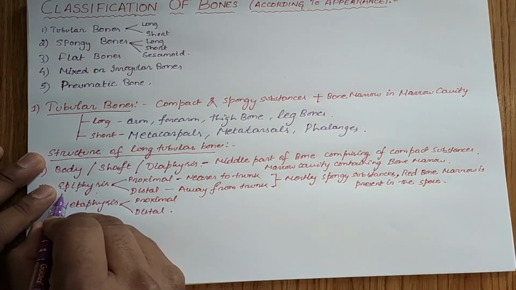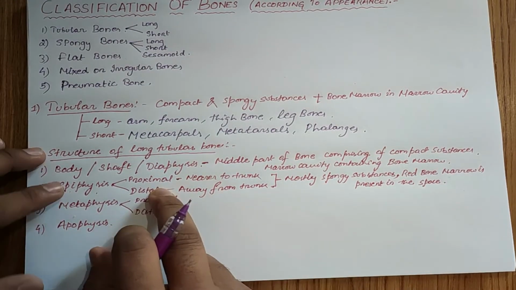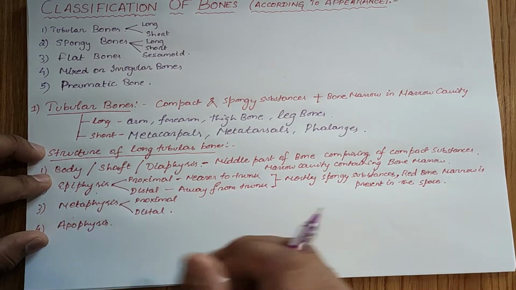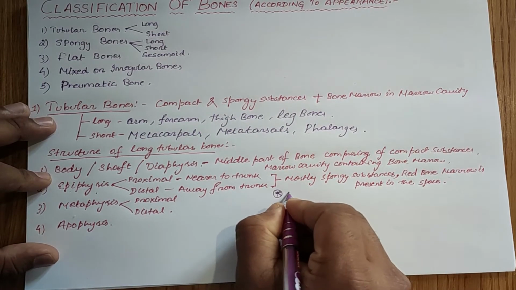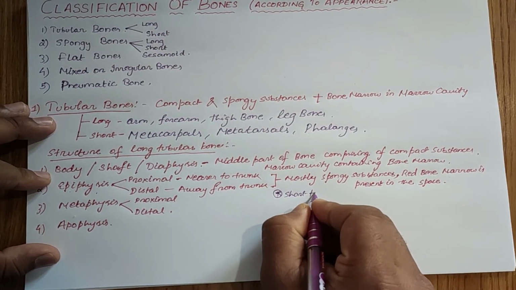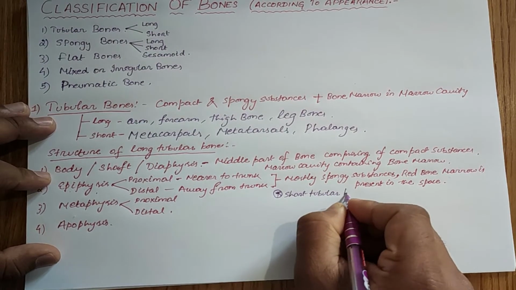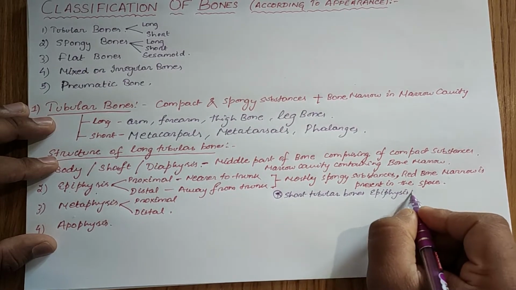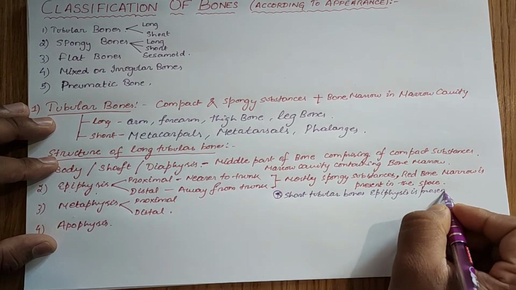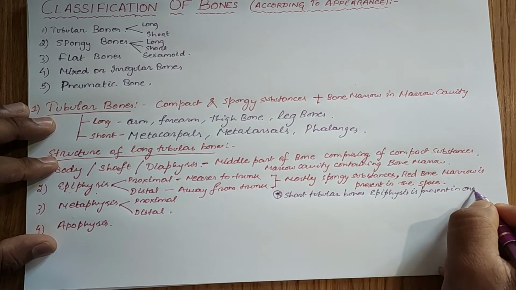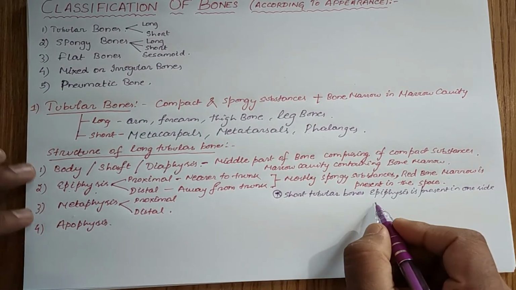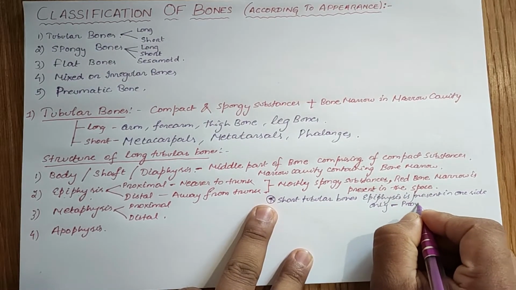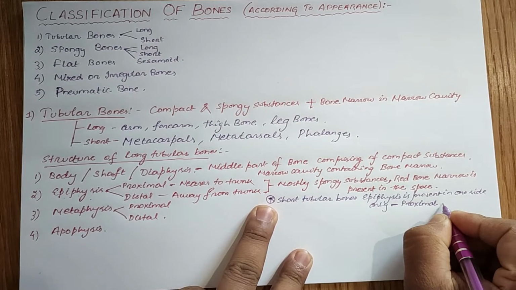Important is that long bones have both epiphyses, proximal and distal, but in short tubular bones the epiphysis is present on one side only, that is the proximal side.